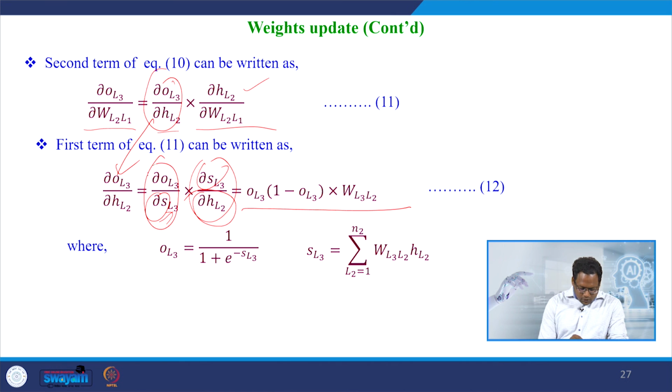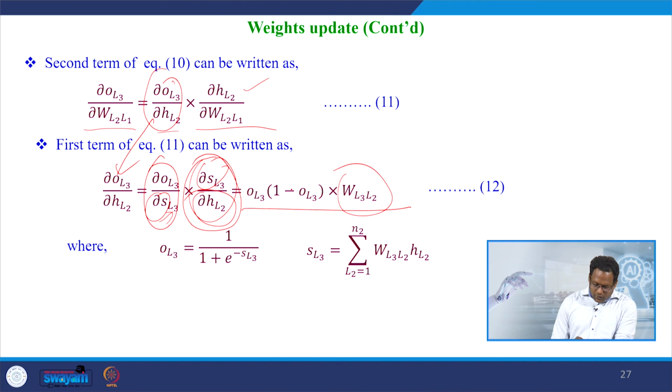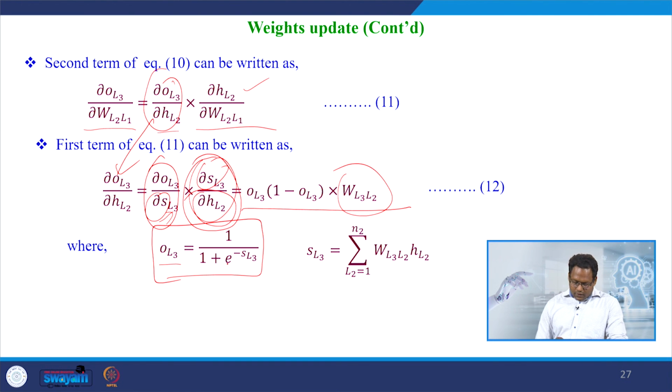Okay, so this one is OL3 into (1 minus OL3), whereas the input to the third layer with respect to the output from the second layer gives you WL3L2. So, we know that OL3 is given by this expression because of the sigmoidal activation function, and SL3 is given by this expression, and thus the partial derivative of SL3 with respect to HL2 will give you this term, that is what it is here.